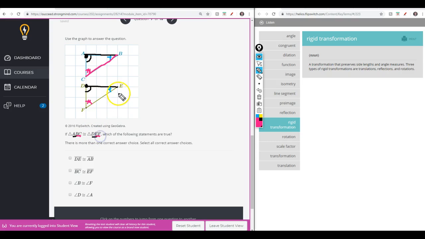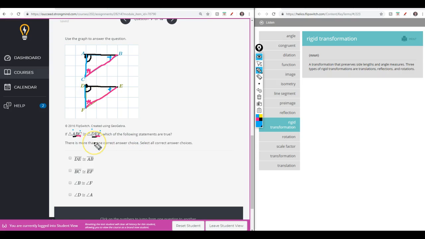E and F in the other triangle is second and third, so that will match up. The side length between point B and C will correspond with the side length between point E and F. And then since we have the third point and the first point, CA or AC will be corresponding to the side length between the third vertex and the first vertex, which would be DF.